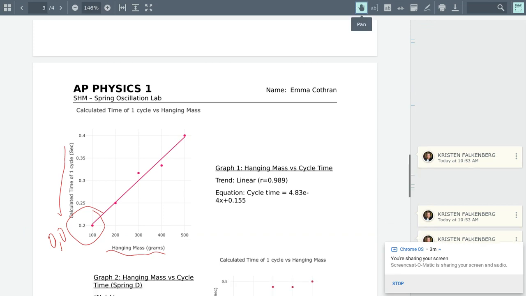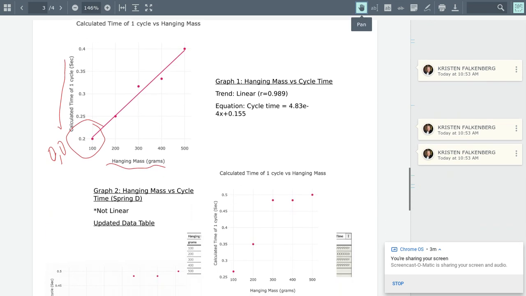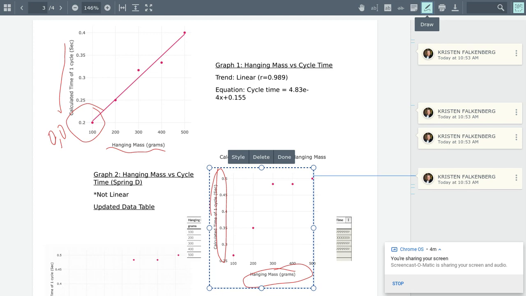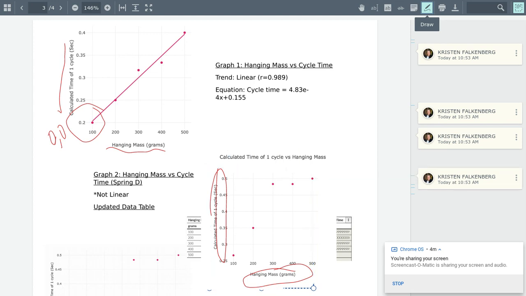And then graph 2, which I'm assuming is linearized, I still have calculated time versus hanging mass, but I've got different now. Did you square something? Did you square root something? I don't know. And don't forget 0, 0.